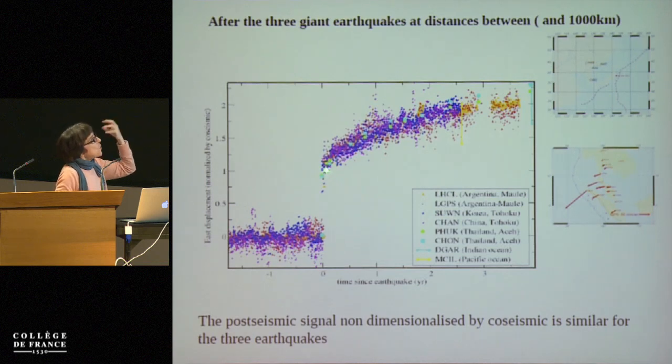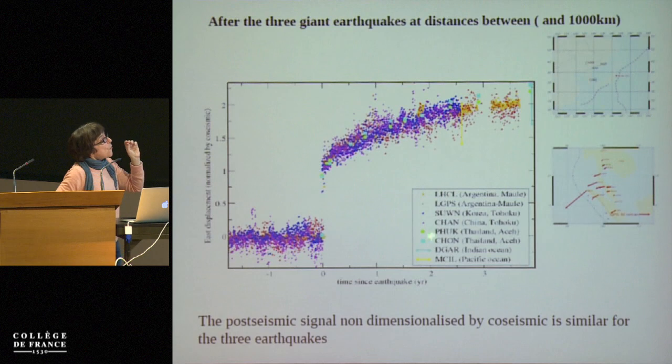It's somewhat a way to take into account the difference in the magnitude of the earthquakes and the difference in distance. But what you see is that for whatever the area in the world, all those far-away data more or less plot on the same curve, within something like 20 to 30%.